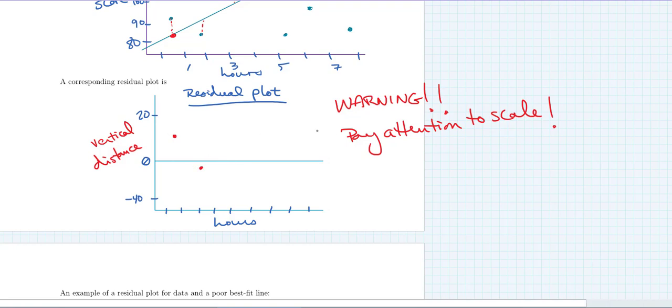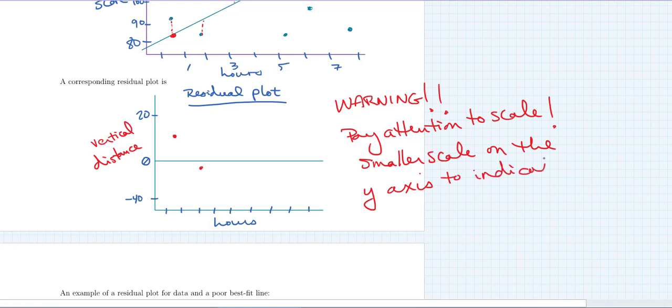So scale is important. Why? Well, the closer these points are to 0, the better fit this line is. So what we want is a smaller scale on the y-axis to indicate the least squares line, LSQ, is a good fit.